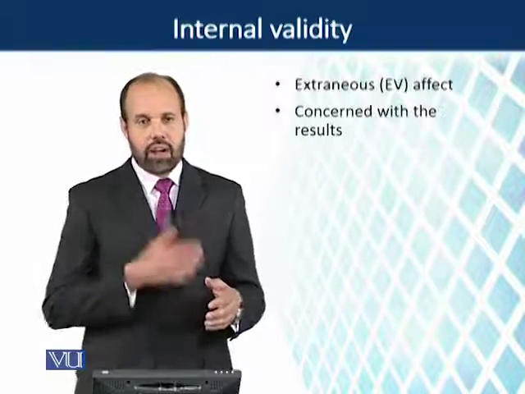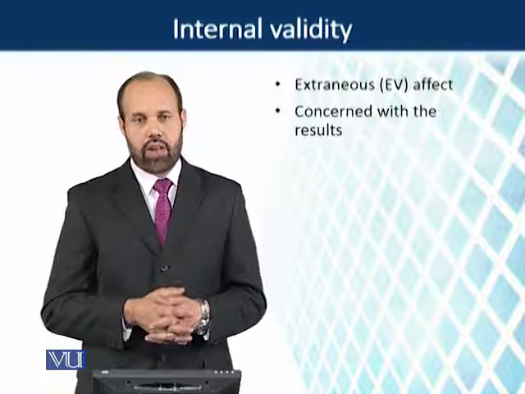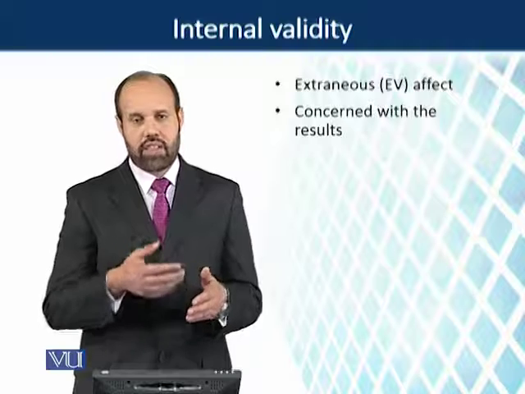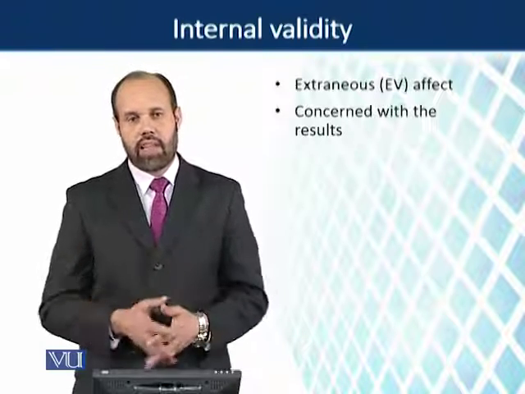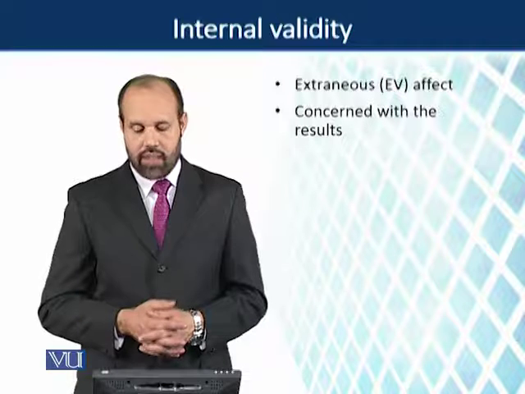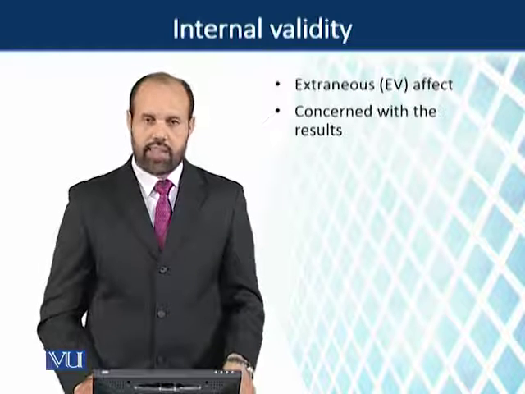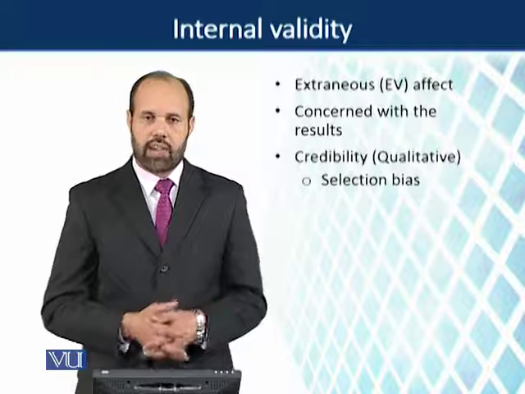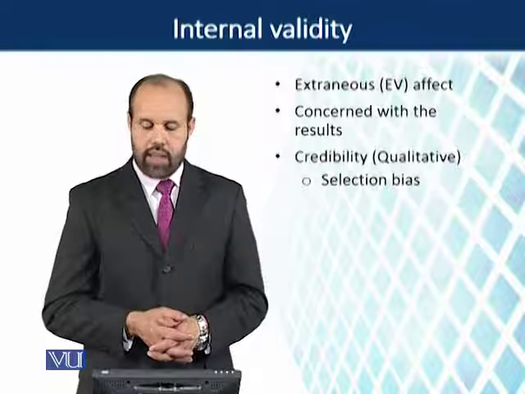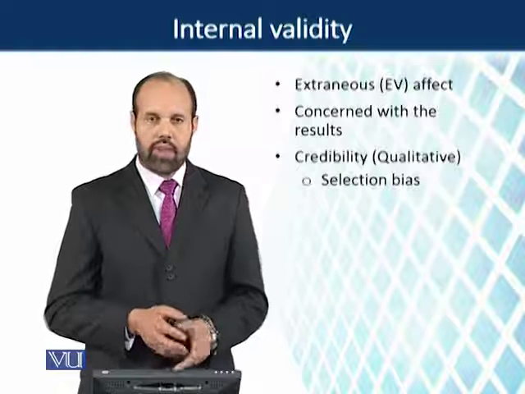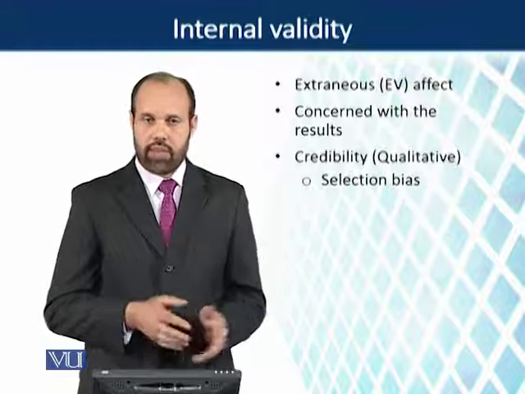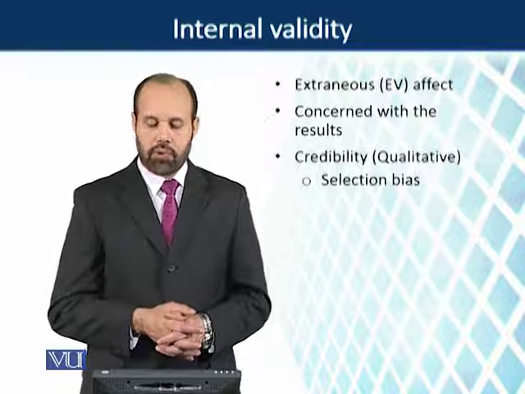So when, other than the independent variable, changes are caused in the dependent variable, then the internal validity of your study is influenced and disturbed, right? It is concerned with the results of the study, and if your results are misleading, you must avoid those misleading results. And how could you avoid those extraneous variables? There are techniques which you must use.